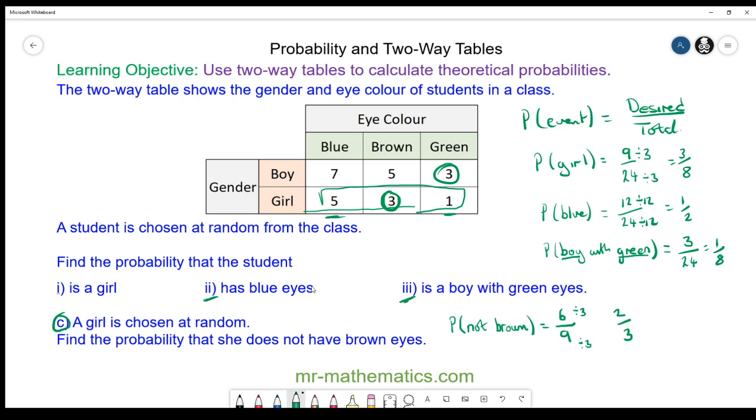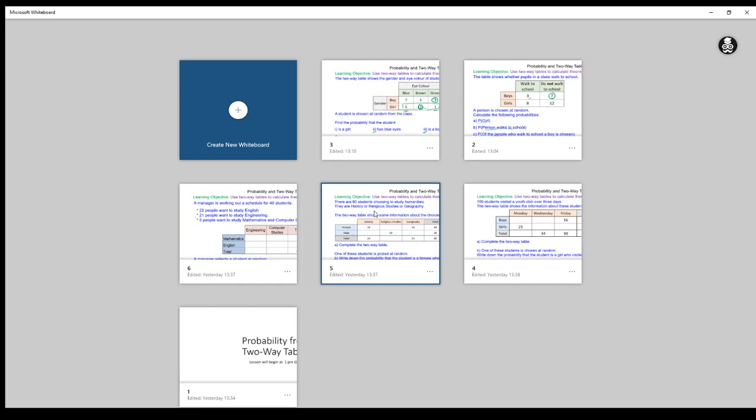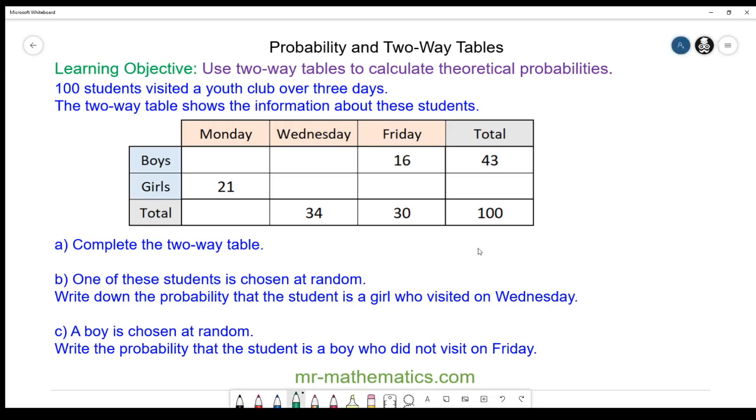Okay, let's make it a bit more challenging, shall we? So, 100 students visited a youth club over 3 days. The two-way table shows the information about these students. Try and complete the two-way table. I'll give you a bit of a prompt.